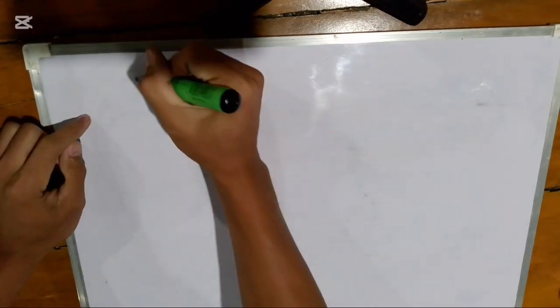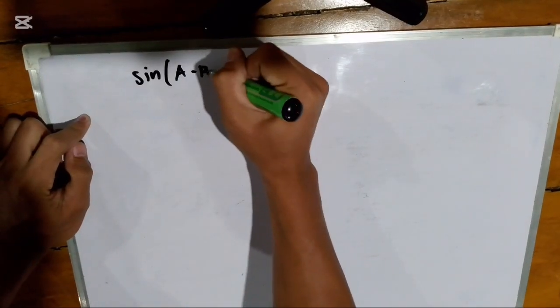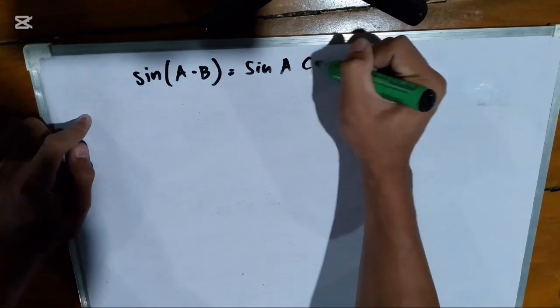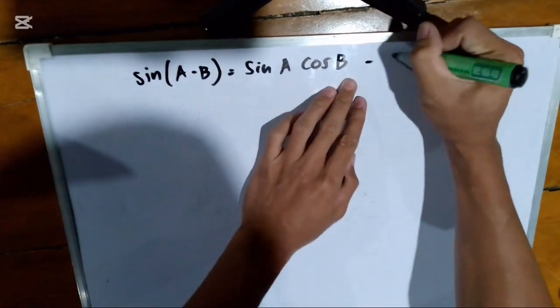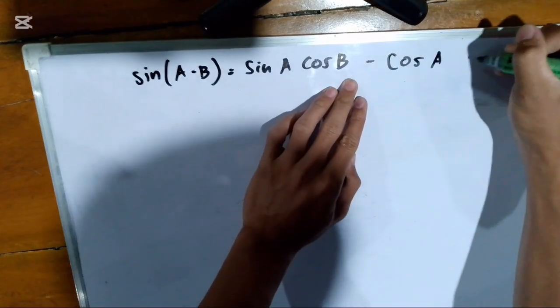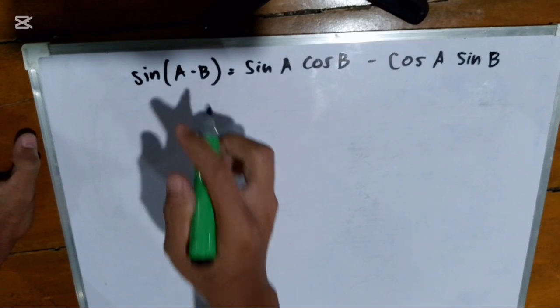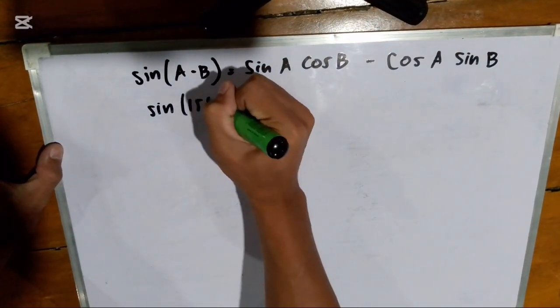And now let's continue to the difference identity using the sine function, and the formula of this is sine (A minus B) equals sine A cosine B minus cos A sine B. Now our example is sine 15 degrees.